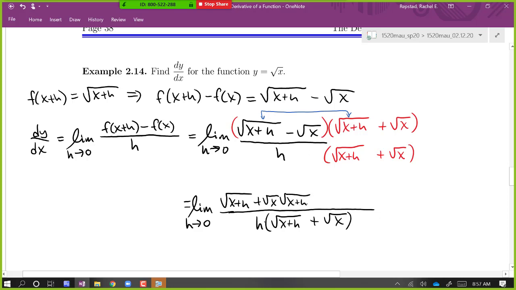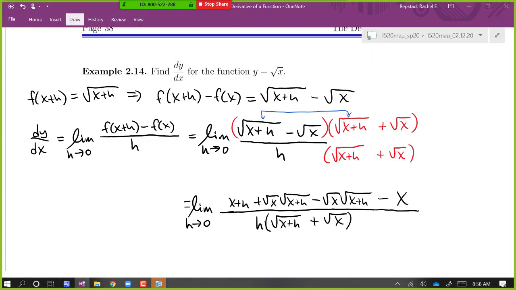For the inside product, I've got minus root x plus h. And then last, minus root x times root x, which is just x. I just want to draw attention to an error I made. I talked about having root x plus h times root x plus h. That is, of course, just x plus h, not the square root of x plus h. So in the end, we have x.